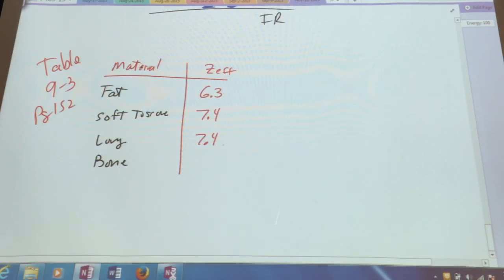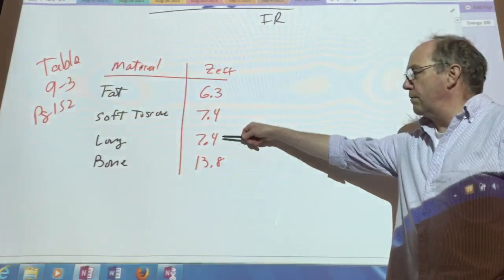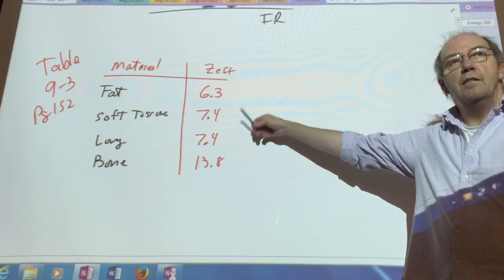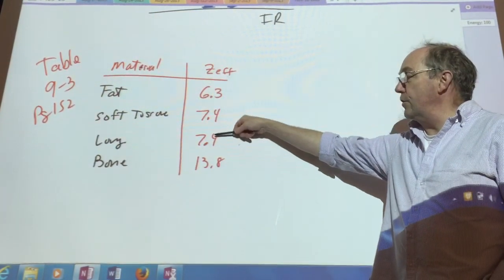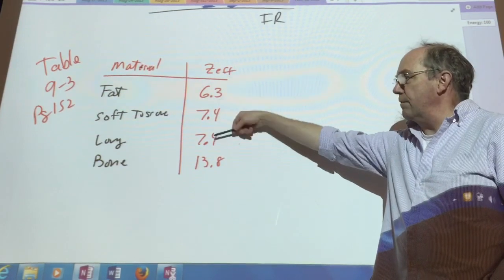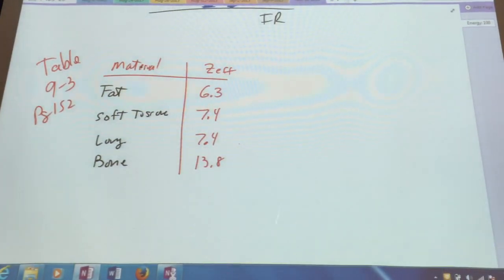These are just effective atomic numbers. Bone, 13.8. So bone is made up of heavier stuff than what the lungs are made up of. And lung, soft tissue, and fat are all pretty lightweight, low atomic number stuff.